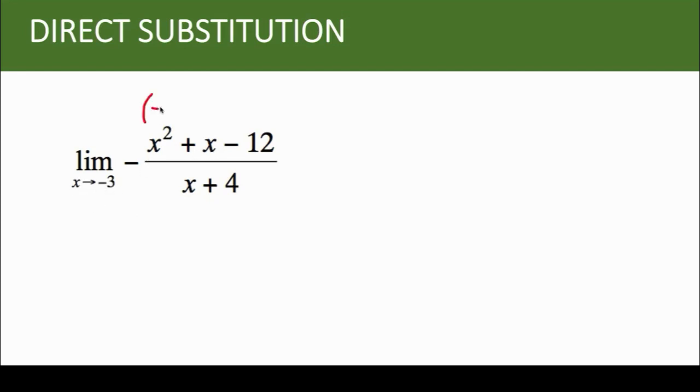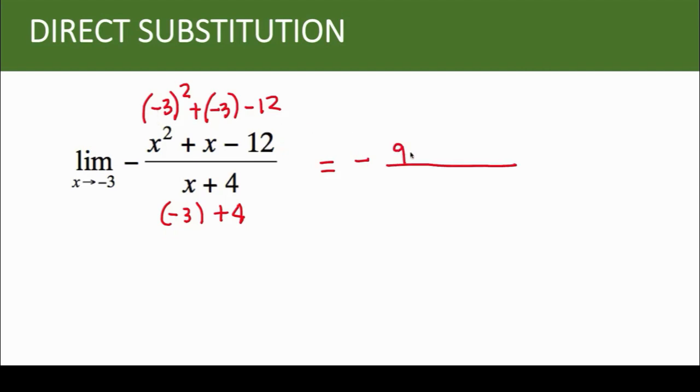So we have here -3 squared plus -3 minus 12. In the denominator, we substitute -3 for x to get -3 plus 4. And so, by direct substitution, you have this negative sign. -3 raised to the second power is +9. You have here -3 minus 12 over -3 plus 4, which is +1.